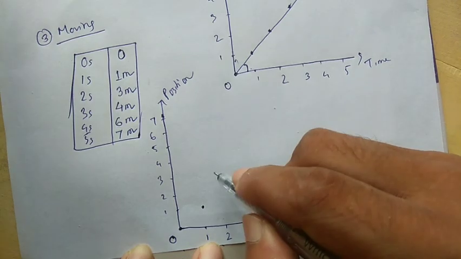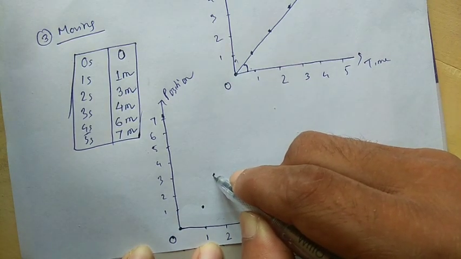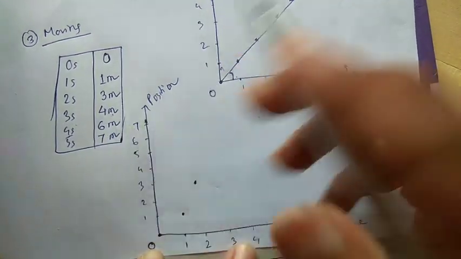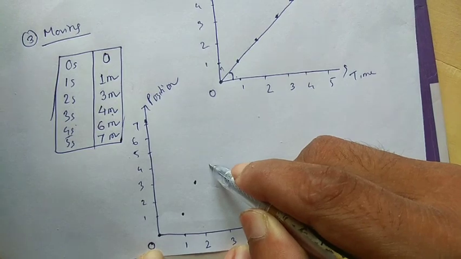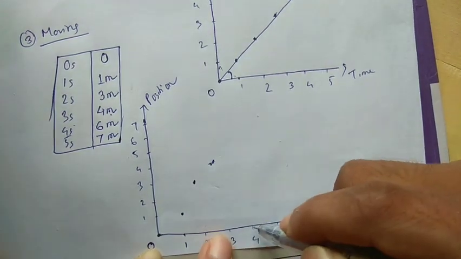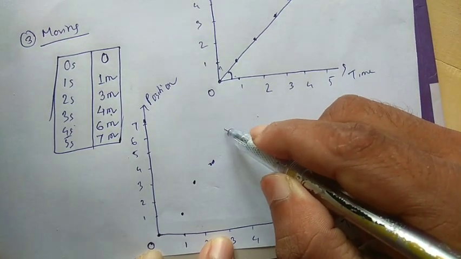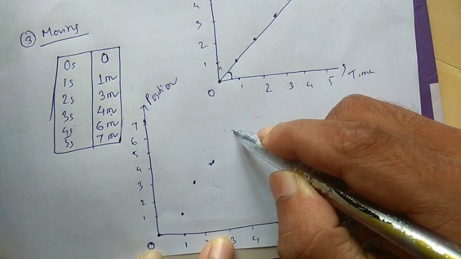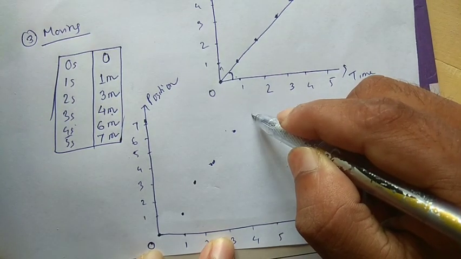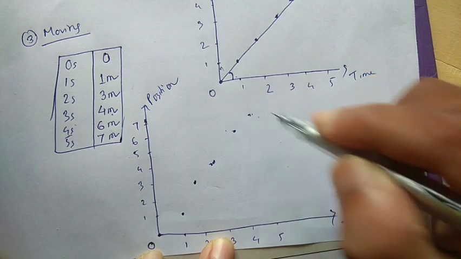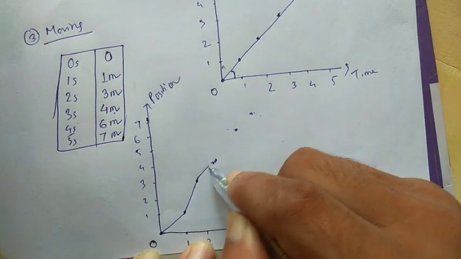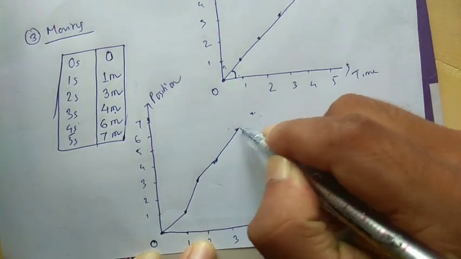In 2 seconds the body is at 3 meter, and in 3 seconds the body is at 4 meter. In 4 seconds the body is at 6 meter, and in 5 seconds the body is at 7 meter. So if we connect all the dots, then the graph will be like this.